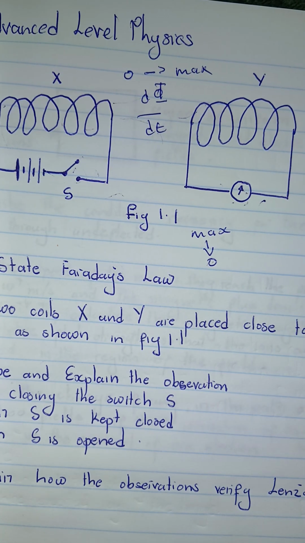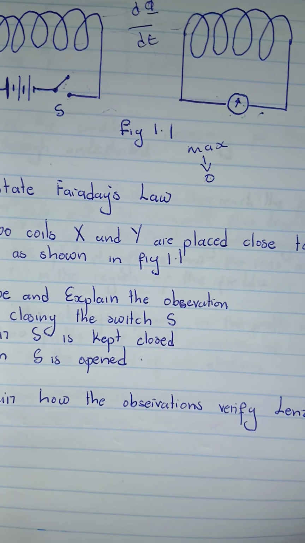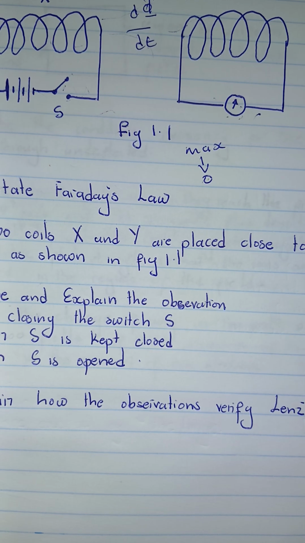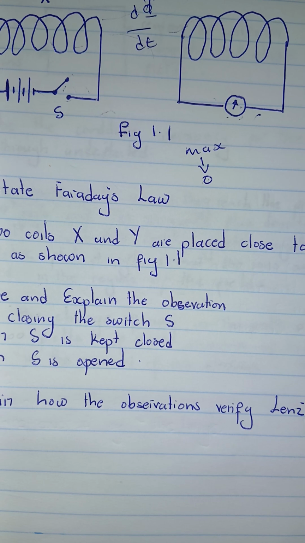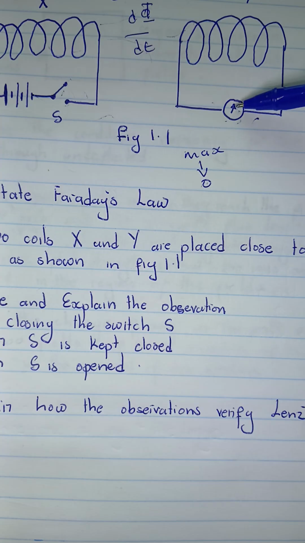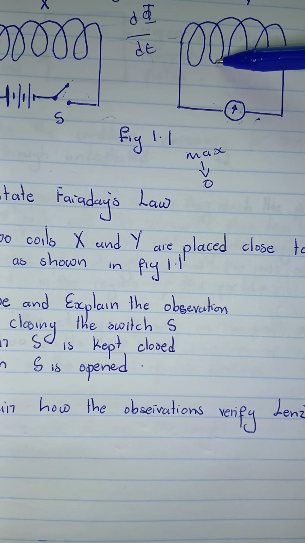So explain how the observations verify Lenz's law. On closing the switch, the flux through Y increases and the induced current in Y flows in the opposite direction. Lenz's law says that the induced current here should flow in the opposite direction.